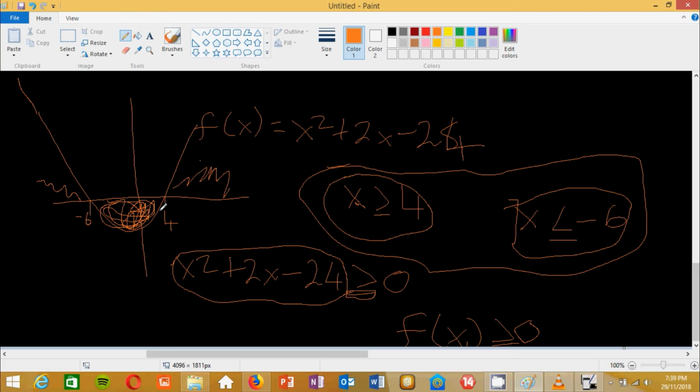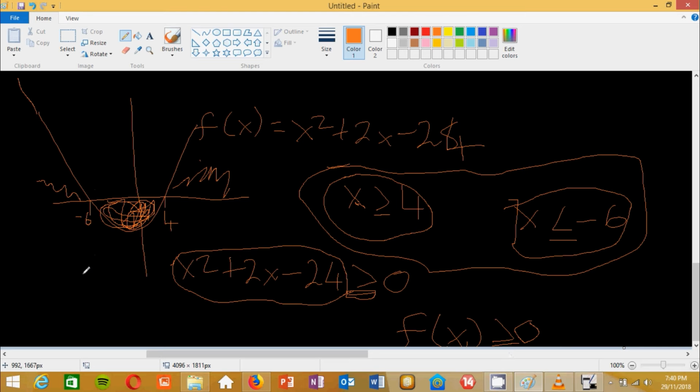And we notice that the y-coordinates of that graph will always be greater than 0. So f of x will be greater than 0. So if you pick any x value that's less than -6, it will give you a y value that's greater than 0. So it will be satisfied. But or equal to, x is allowed to be equal to -6, because if it is -6, then the y-coordinate is 0. And our inequality says f of x is allowed to be equal to 0.